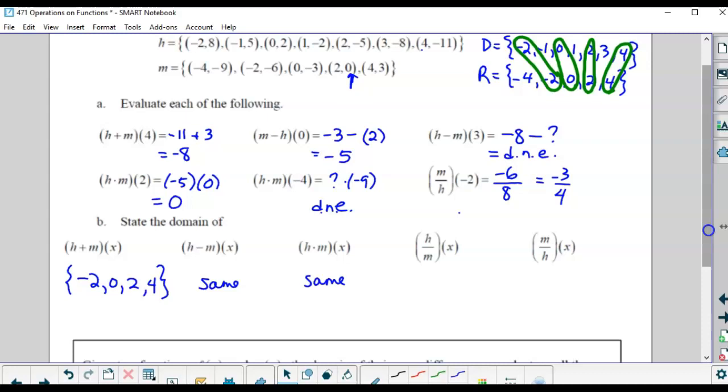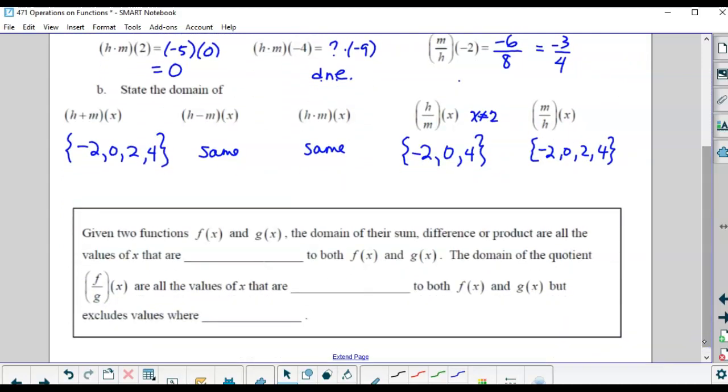So we cannot have x being 2. All right, so that means our domain would be negative 2, 0, and 4. And then vice versa, where do we get a y value of 0 in h? You look along for a y value of 0, and there aren't any. So this is going to go back to negative 2, 0, 2, 4.